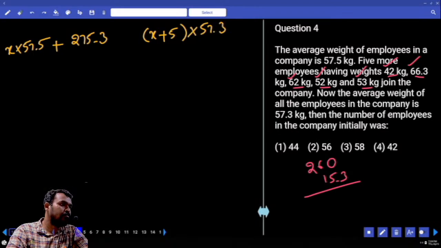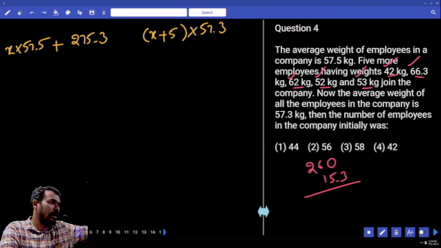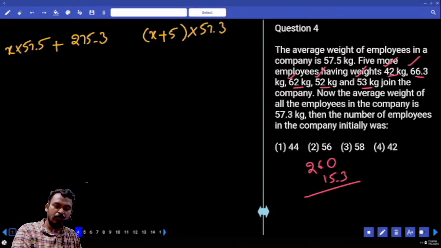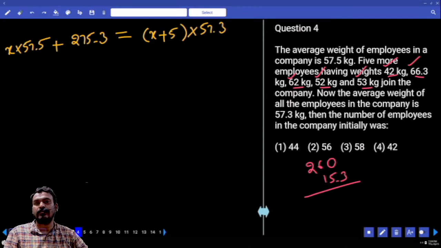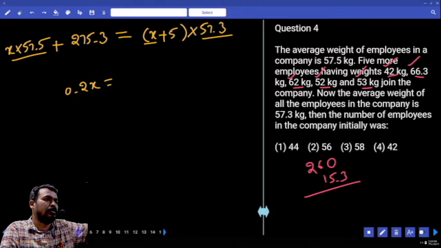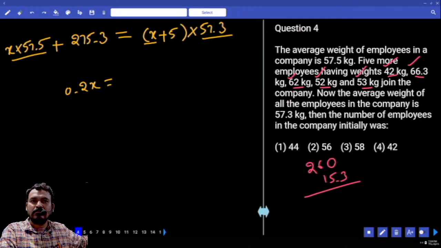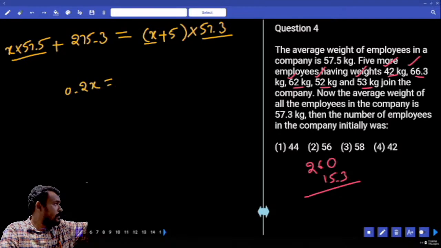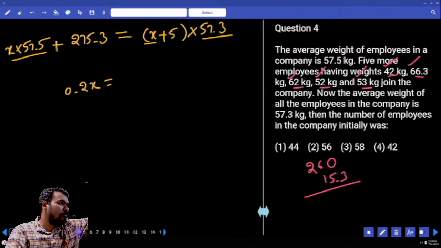Left hand side is the sum of X employees and the 5 employees. Right hand side is the sum of X plus 5 employees. Both are equal. Simplify this and we get the X value. What is the difference between 57.5x and 57.3x? 0.2x. Compared to allegation, the equation method is better here, because no direct average is given.